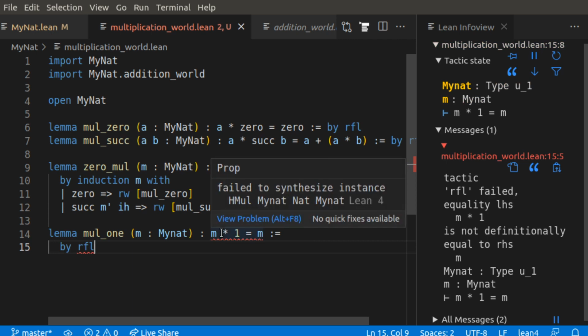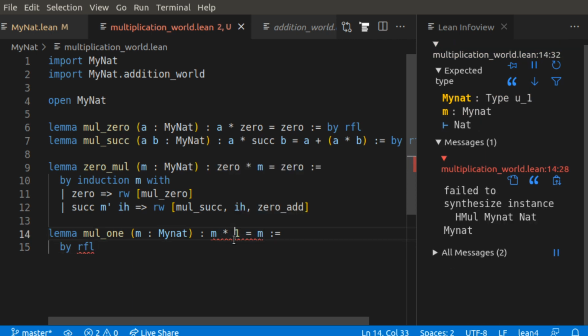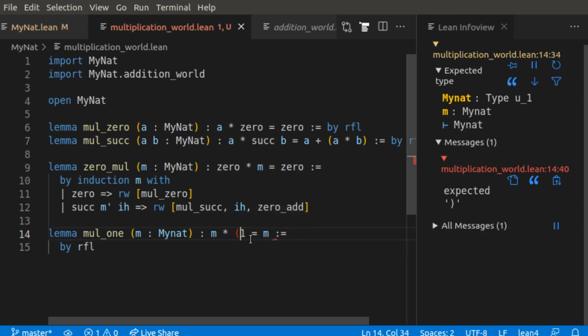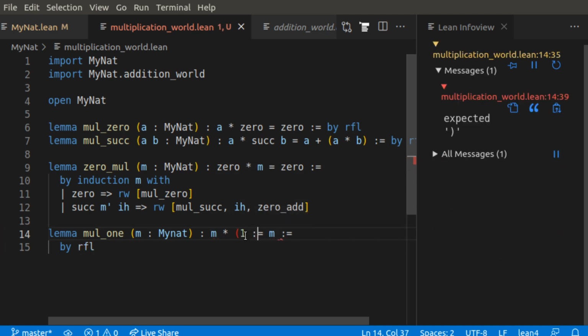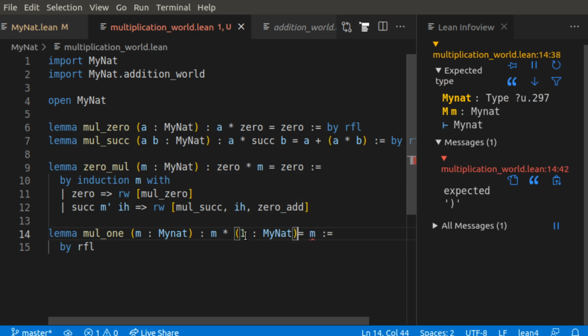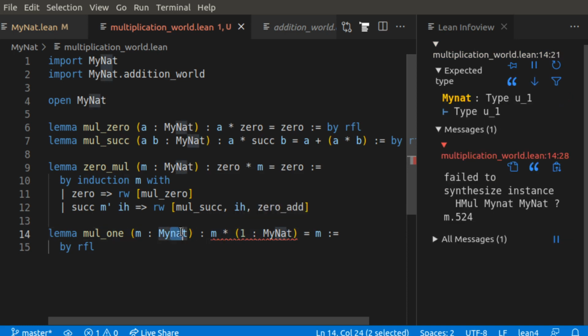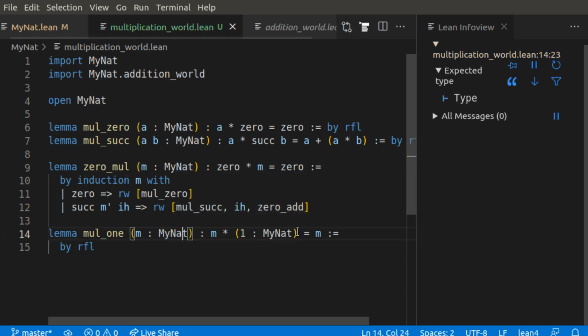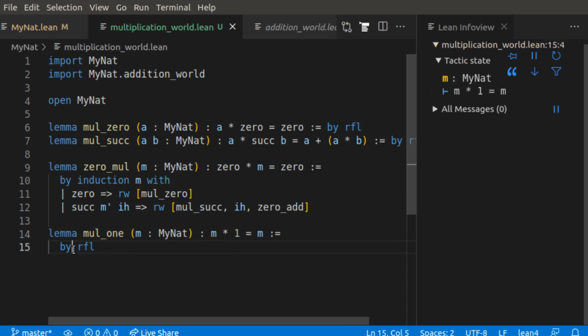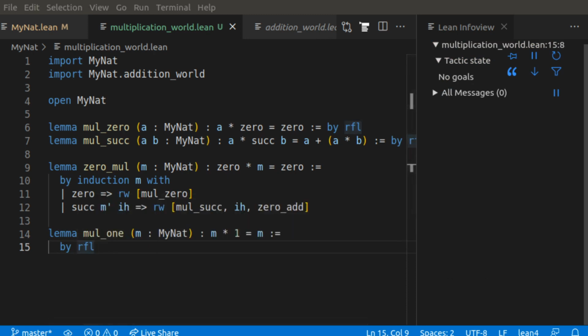Can't do reflexively. What's this? Failed to synthesize. Oh, we need 1 to be also a MyNat. Oh, I spelled this wrong. Cool, that just works reflexively.